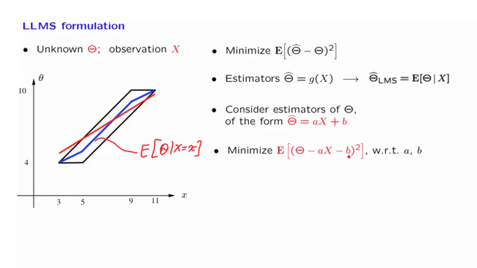Before going on to the solution, however, let me make one comment: in some cases the linear least squares estimation problem is relatively easy to solve, and these are the cases where the conditional expectation turns out to be linear in the data. This is the best possible estimator.